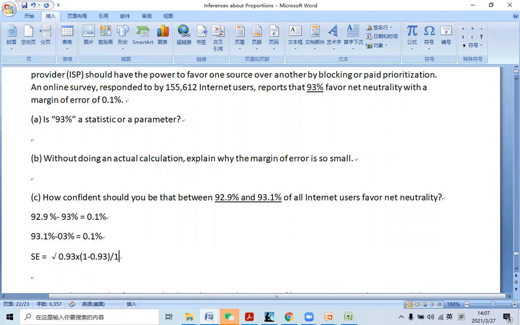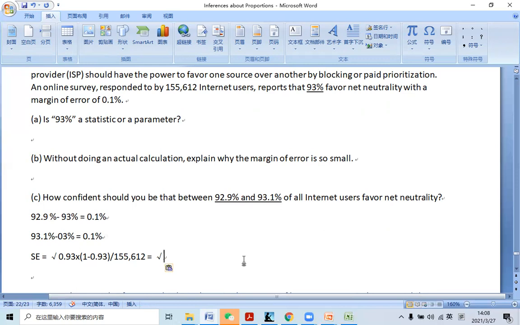That's going to be a large n, 155,612. Within the square root sum, let me do this one. Oh, that's going to be a really small number, a tiny number. Yes, let's get a square root sum.